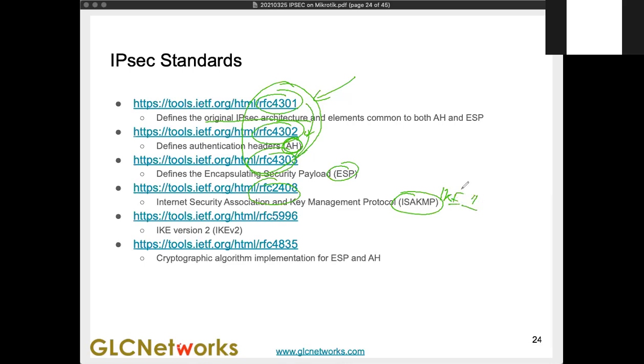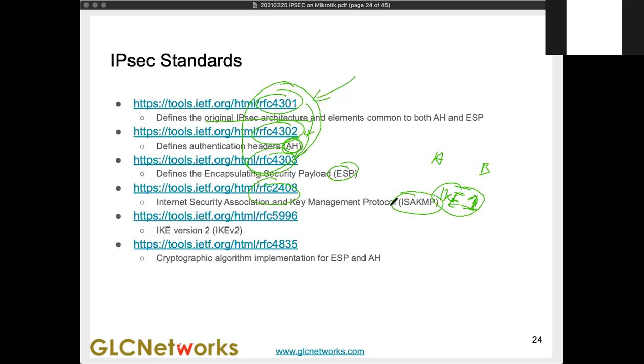This is IKE1, and people complain about IKE1. Why? Because it has compatibility problems, especially if you do IPsec between vendors, right? From vendor A to vendor B, we do IPsec and it is not successful.